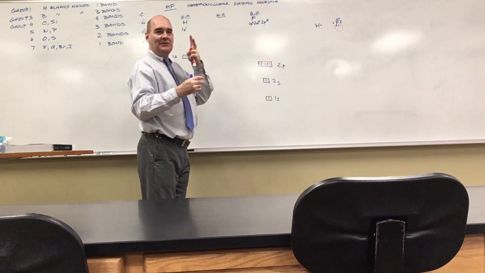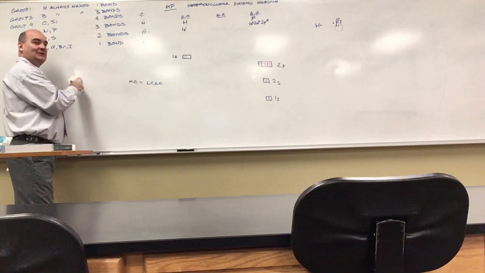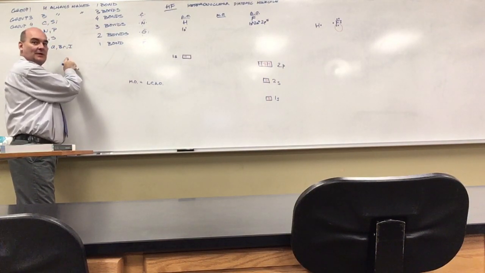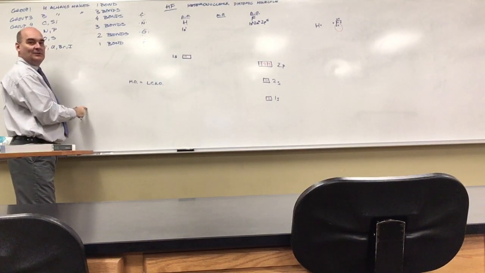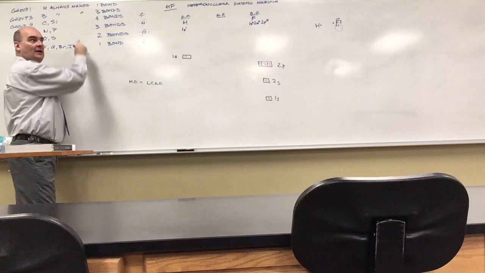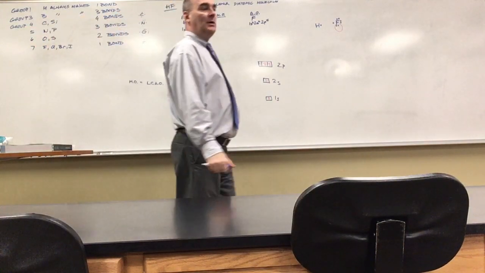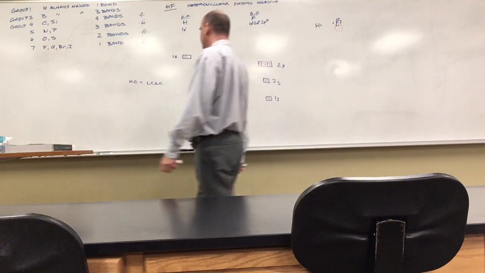You always have the same number. Go back and look at this diagram. How many atomic orbitals were there? 3 on this side, 3 on that side. How many molecular orbitals were in the middle? 1, 2, 3, 4, 5, 6. You always have the same number of molecular orbitals as you do atomic orbitals.